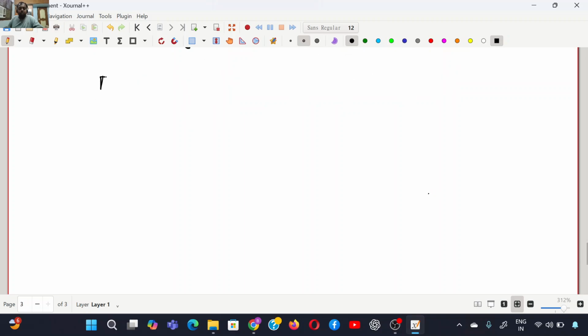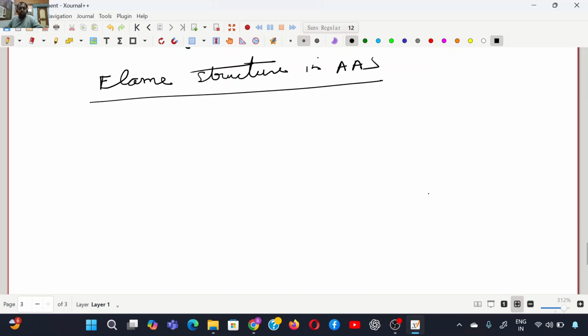So next, moving on to flame structure in AAS. So basically, there are three zones. Okay, primary combustion zone, interzone, and secondary combustion zone. So I'll just write them down.